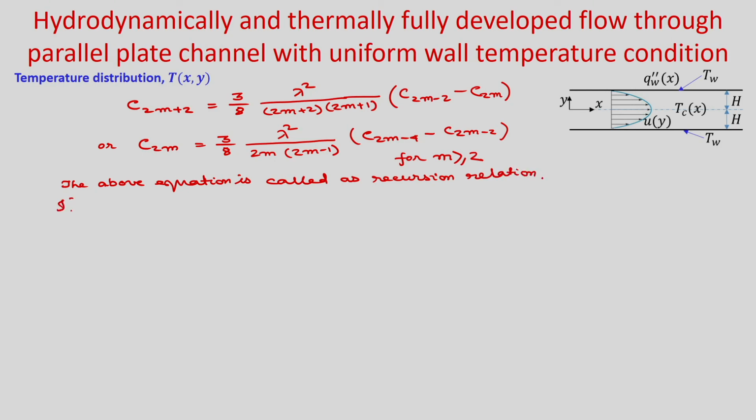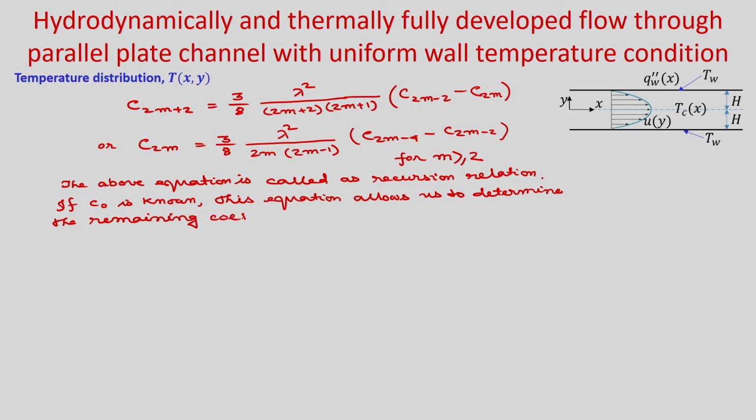If C naught is known, this equation allows us to determine the remaining coefficients recursively by putting m is equal to 0, 1, 2 and so on in succession.